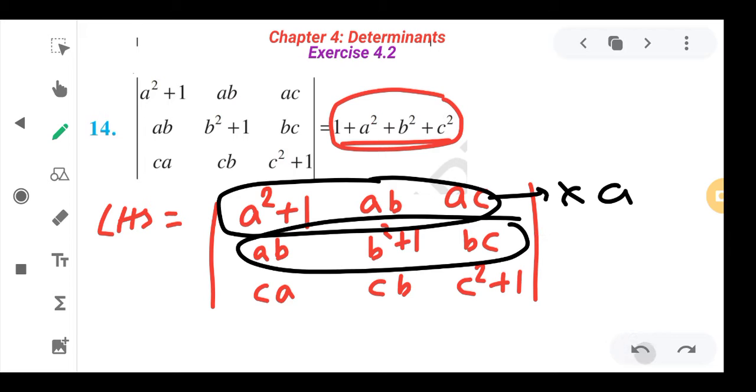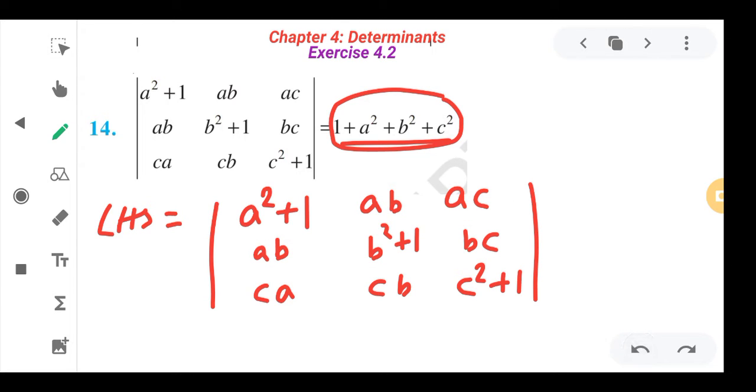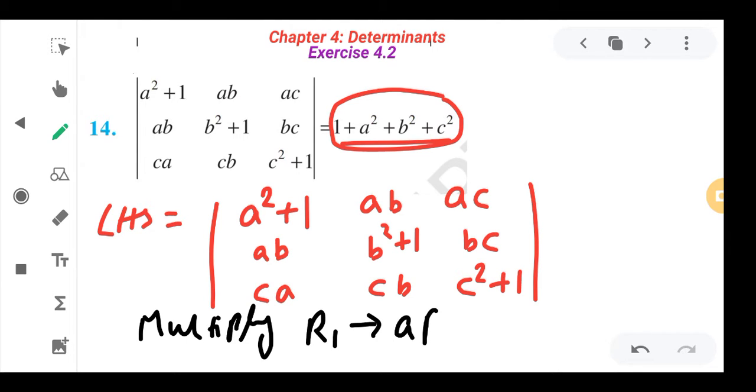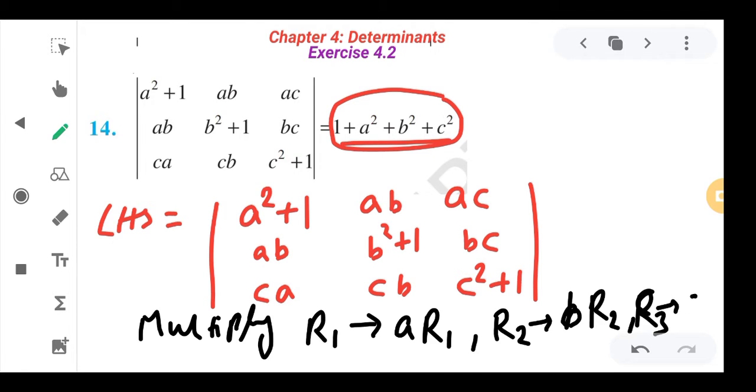So I am writing this step. I will write multiply r1 with a, or you can write r1 as a into r1, and r2 as b into r2 and r3 as c into r3.